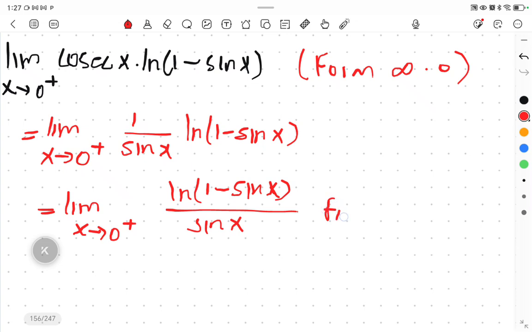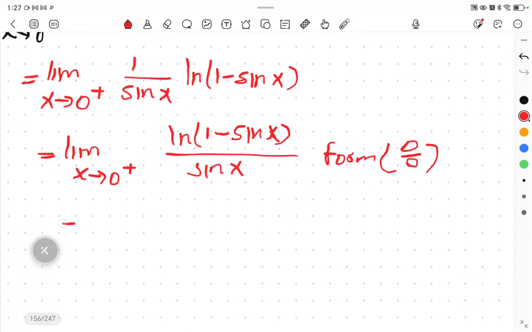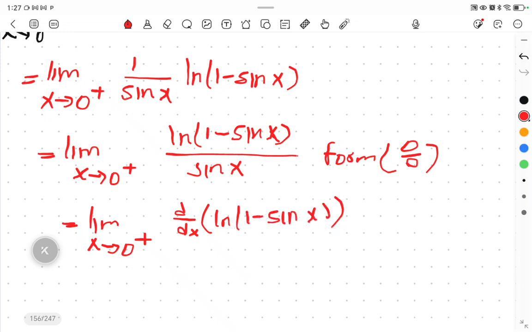If we check the form now, it will be 0 over 0. You see, now we can apply L'Hopital's rule. So this will be the limit as x approaches 0 from the positive of d over dx of ln of 1 minus sine x all over the derivative of sine x.